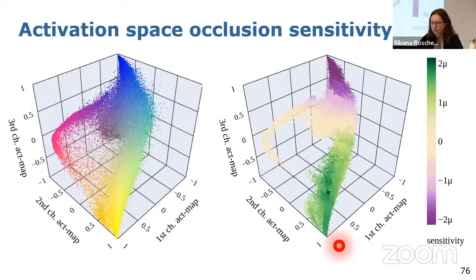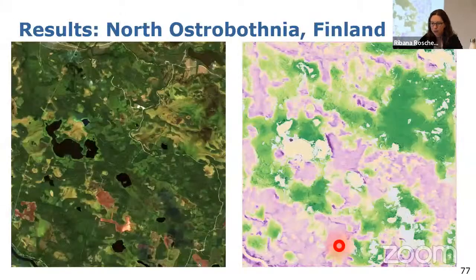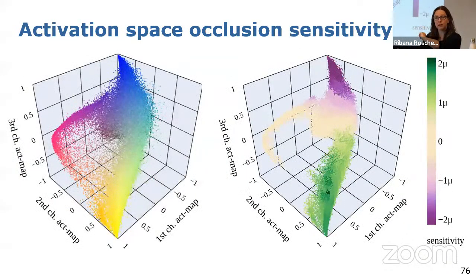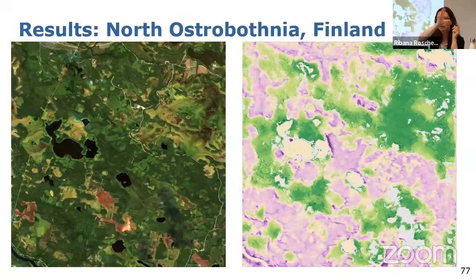And so this is nice, but to give you a little bit better impression about it: this was computed with the training data, and this is what you have then. But if you then feed a test image into the network, you get the activation, and you can just, like a lookup table, look for the sensitivities and translate it to such a sensitivity map.